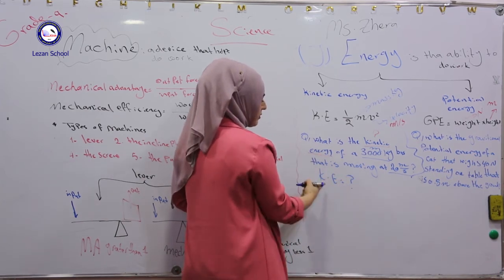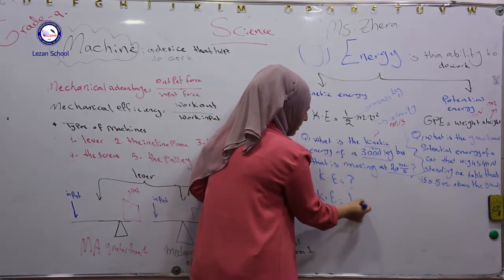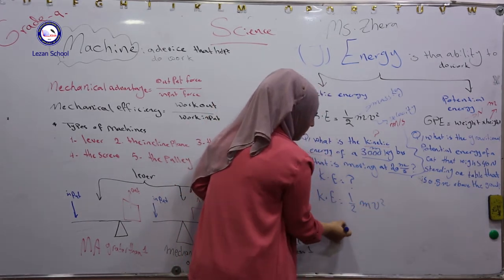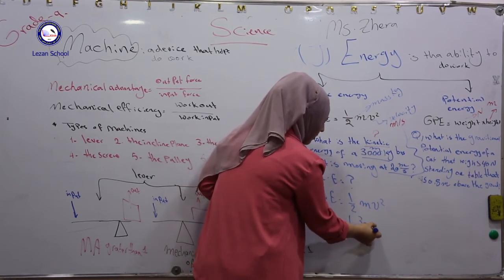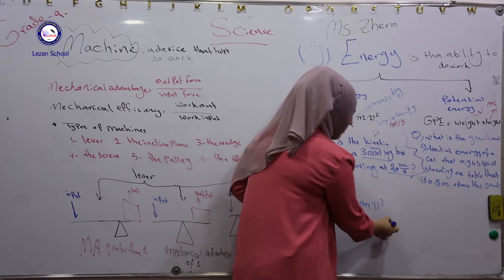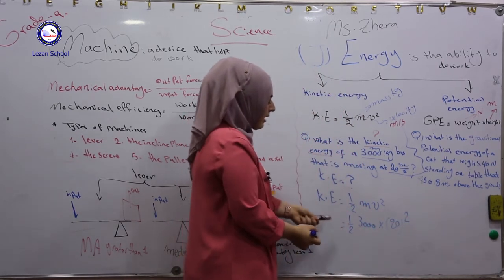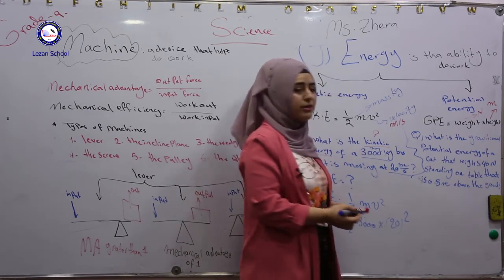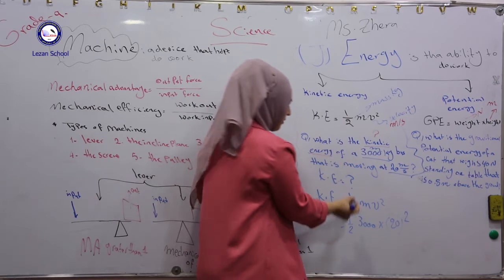The first step for solving the question is to write down the rule: 1/2 mv squared. First 1/2. How much is m? 3,000 times v, 20 squared. For calculating that, start with 20 squared, then times 3,000, then times 1/2.